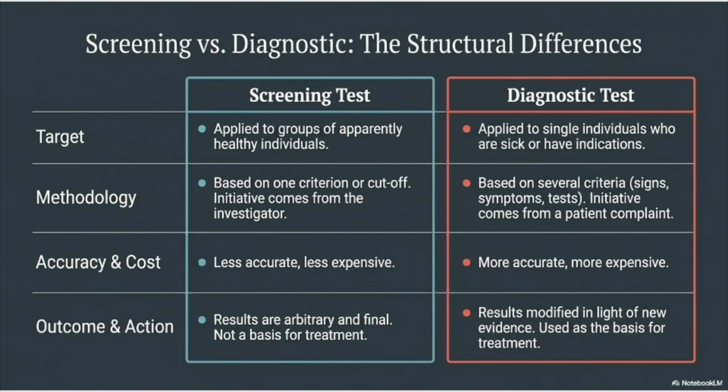A positive screening result only identifies a person who requires further evaluation. It is never the basis for definitive treatment. Treatment should begin only after confirmation through appropriate diagnostic tests. This distinction is frequently tested in undergraduate and postgraduate examinations, so make sure you remember it clearly.